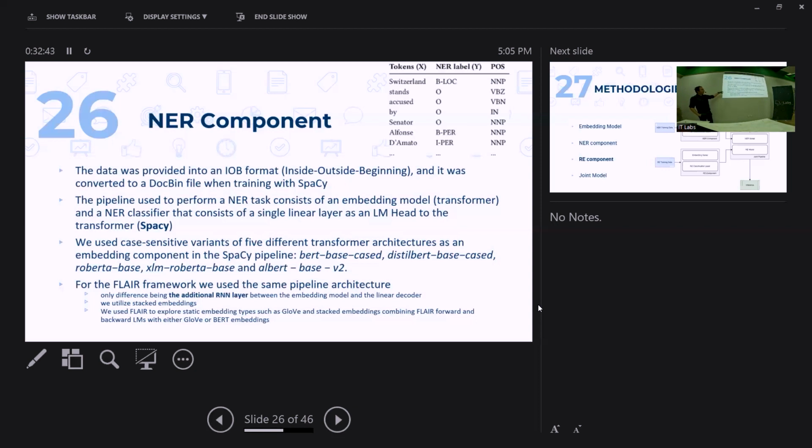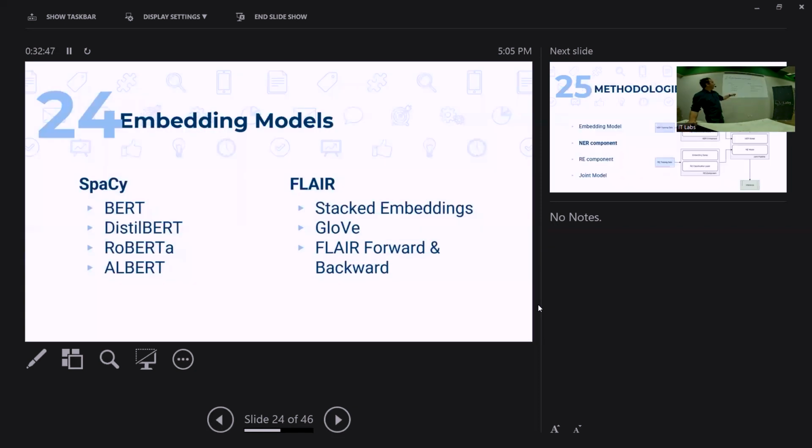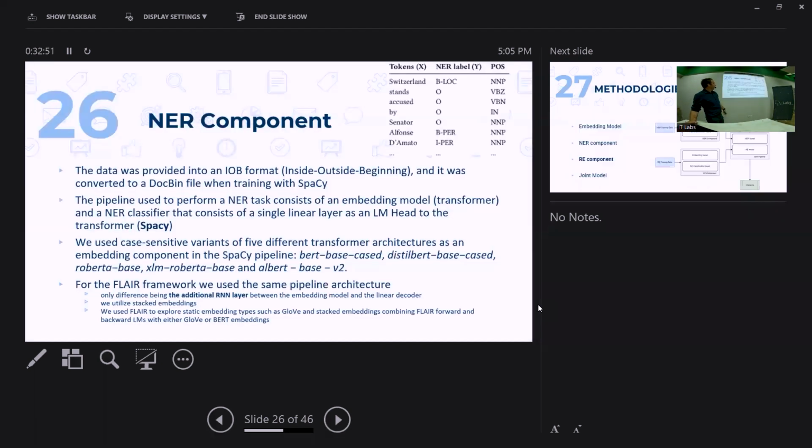For the Flair library, we use the same pipeline architecture. The only difference is that we add an additional recurrent neural network layer between the embedding model and the linear decoder.